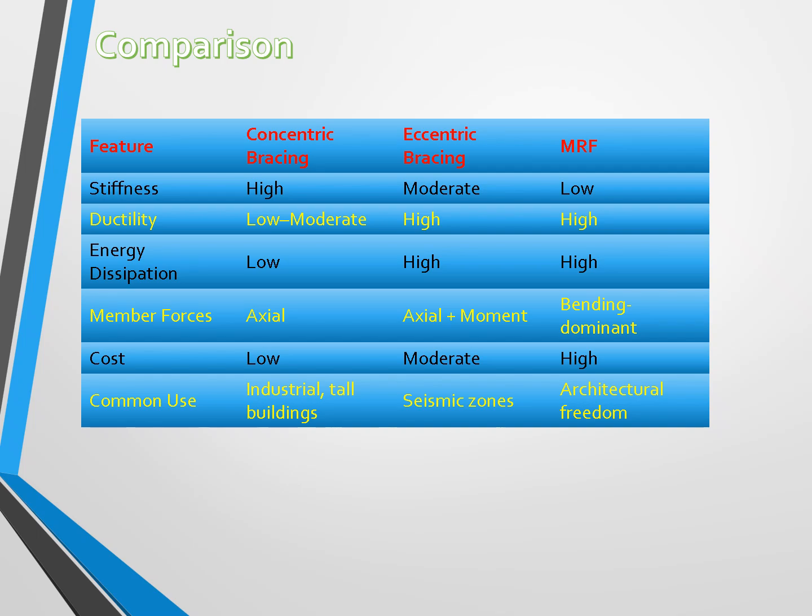When we talk about ductility, concentric bracings provide low to moderate, while the eccentric bracing and moment resisting frame provide high ductility. Talking about energy dissipation, as we already mentioned, concentric bracing provides high stiffness but low energy dissipation, while eccentric bracing and moment resisting frames provide high energy dissipation, so they are a favorable option for high seismic zones.